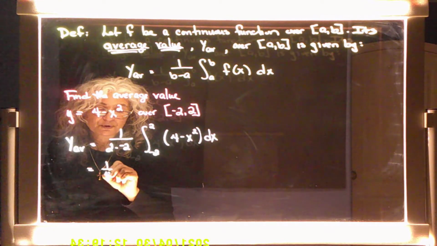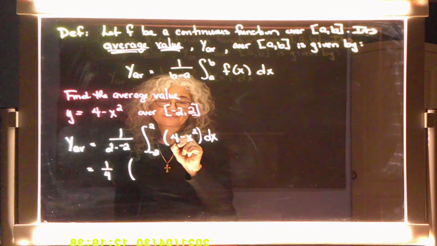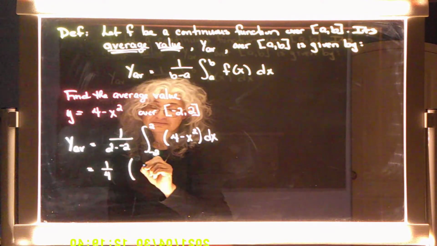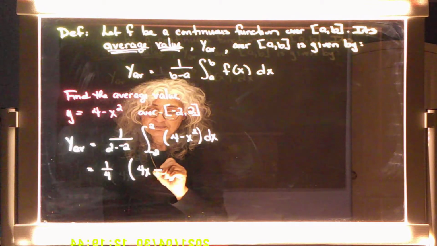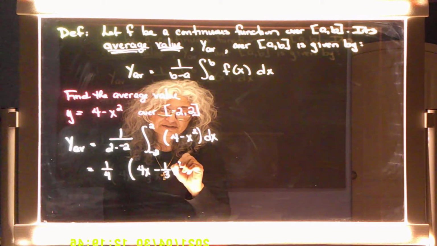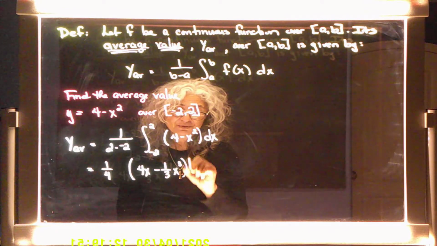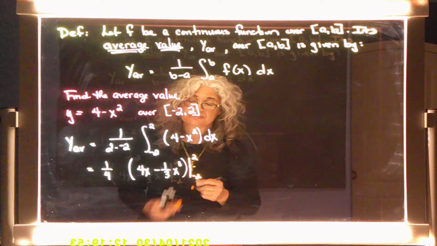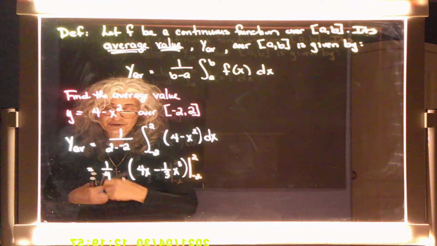So this is 1/4, and we're multiplying it by the antiderivative of 4, which is 4x, and the antiderivative of x squared, which is minus 1/3 x cubed, and you're going to take that parenthesis and evaluate it from -2 to +2, right? Okay, so this 1/4 is just going to hang out here a little bit.